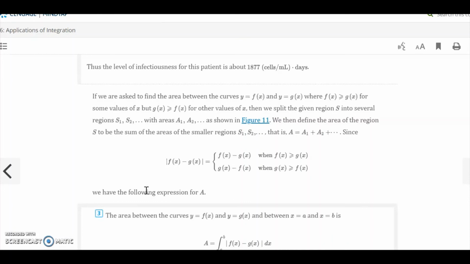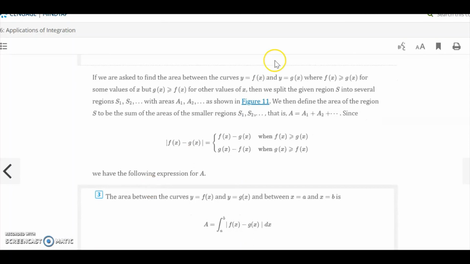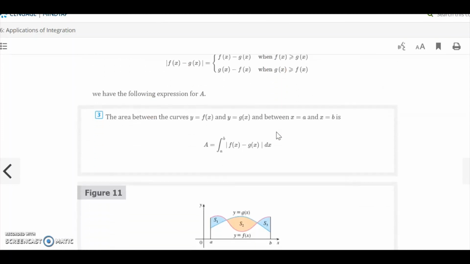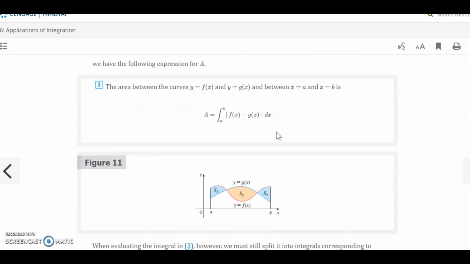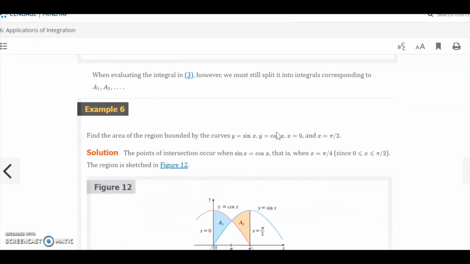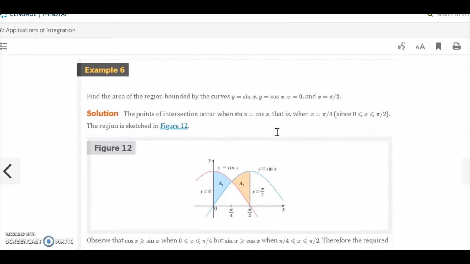So they have these values here. Let's see. Okay, so sometimes you have a point of intersection in the middle, so it might be helpful to break these into two different areas.